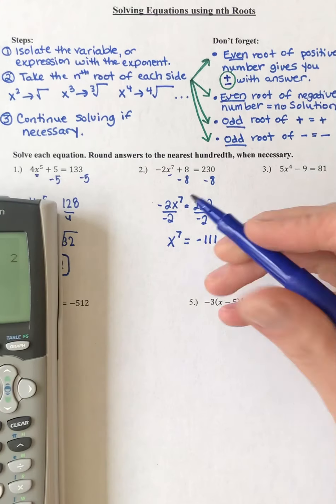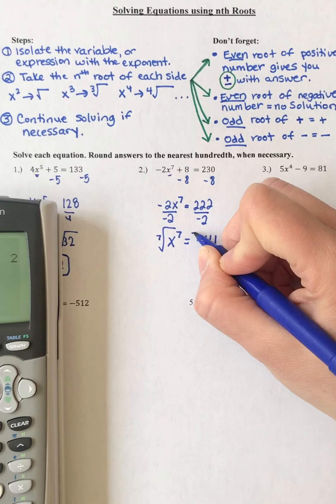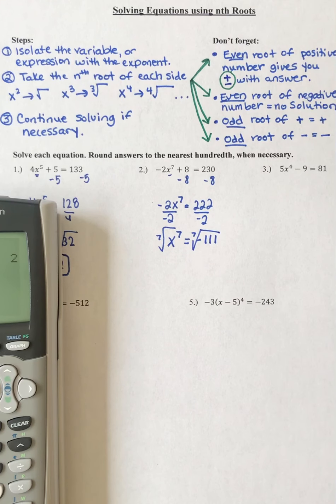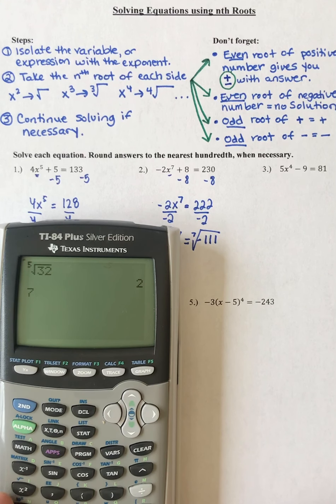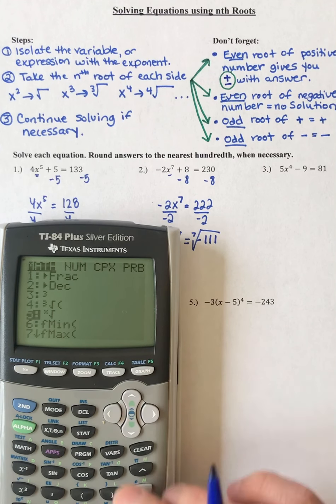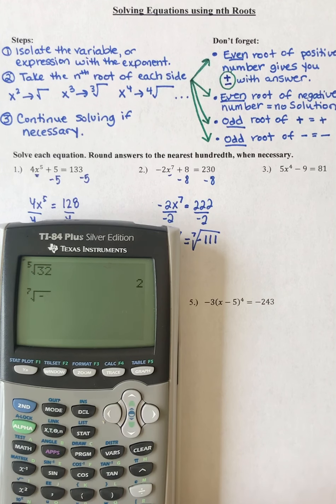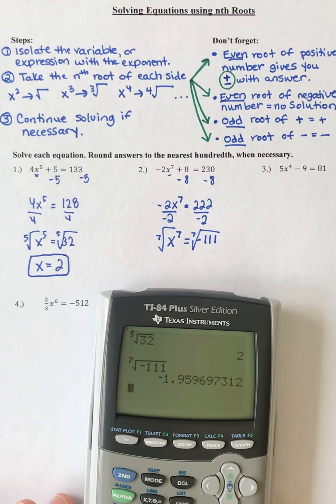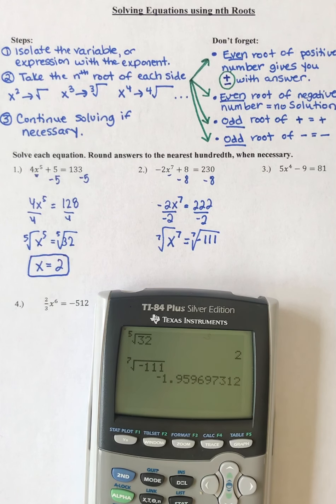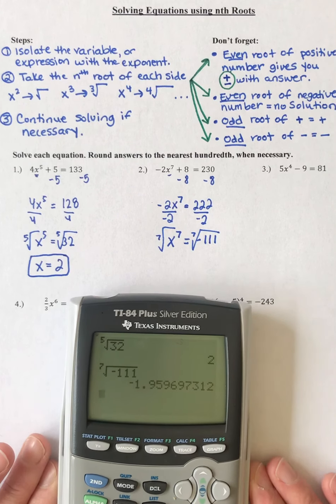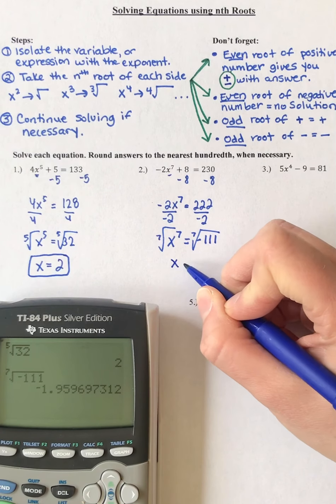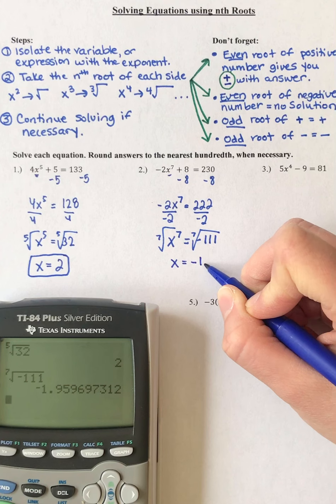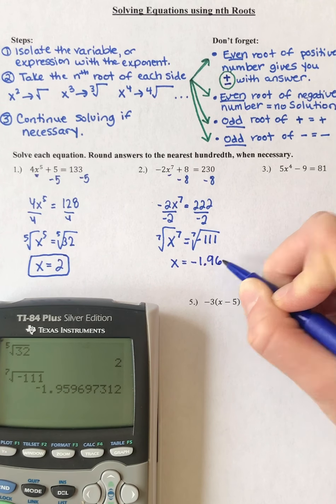So that means I want to take the 7th root of each side. In my calculator, I want to type 7, go to the math key, down to option 5, and I'm taking the 7th root of negative 111, and I get an answer of about negative 1.96 that we'll round it to. We want to round to about 2 decimal places today. So I get x equals negative 1.96.